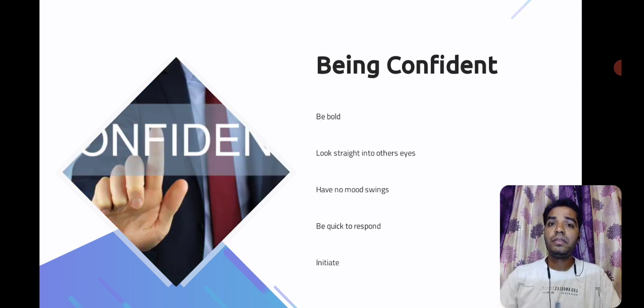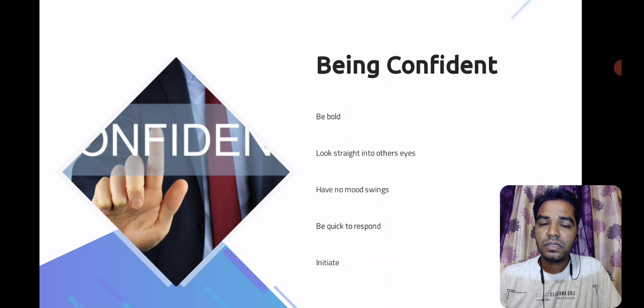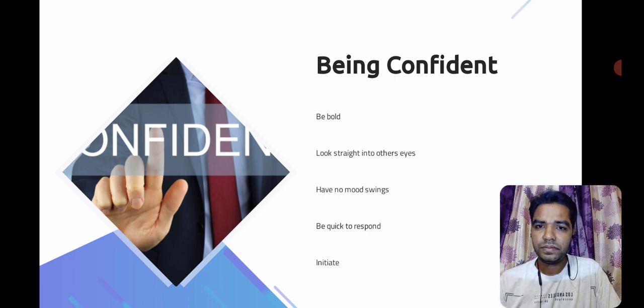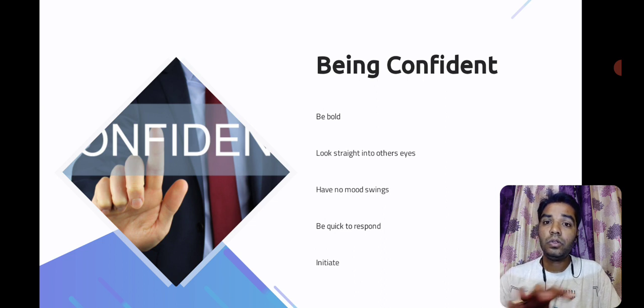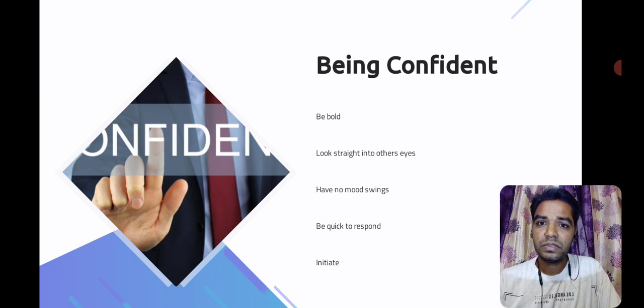And next one, be very confident. Whenever you are talking to anybody, be bold and raise your voice. I already told you, look straight into others' eyes and no mood swings at all. Sometimes we get irritated by the opposite person's behavior.